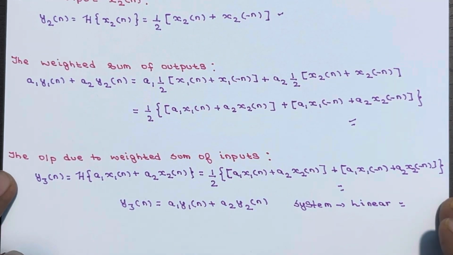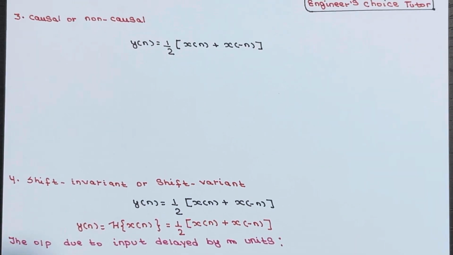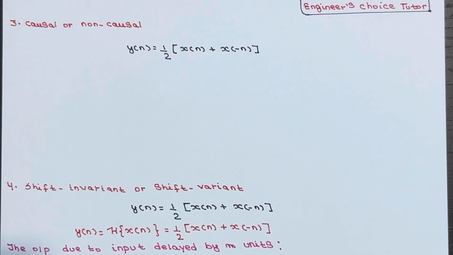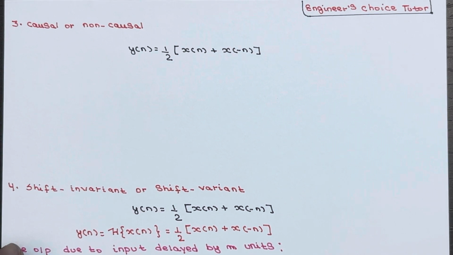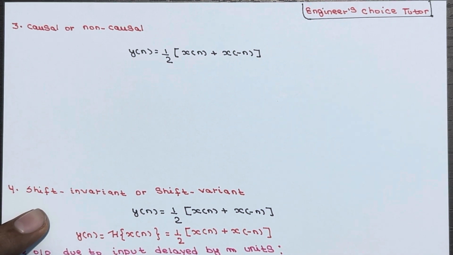Fine. Let's move further and check for causality. We have to check whether the system is causal or non-causal. If you see this particular case, y of n is equal to 1 by 2 into x of n plus x of minus n. If you go for the negative values of n, we have already seen that the output depends upon the future values of input.